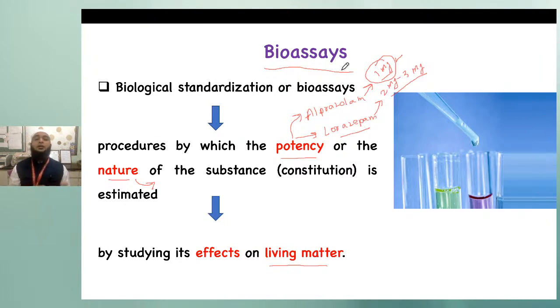Likewise, you did the purity assay in the PIC subject, where you studied how pure a drug is, whether it is 99.9% pure or 98% pure. So you did the assay. Likewise, you calculate the potency and study the nature of the substance with the help of living matter. So these assays are called bioassay.